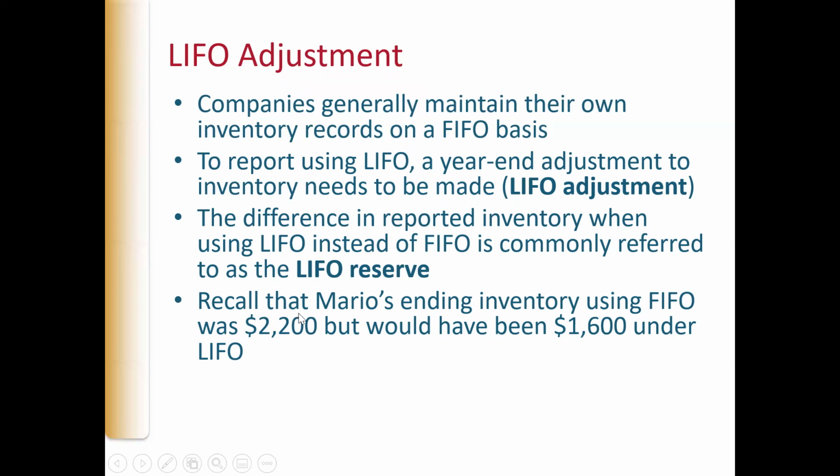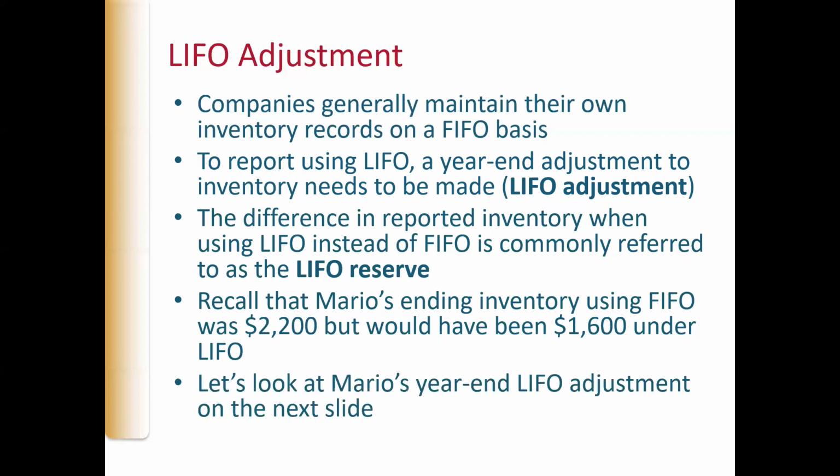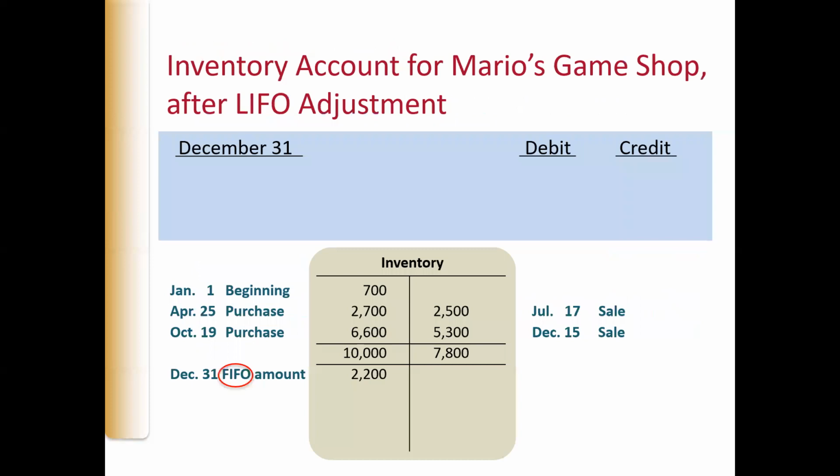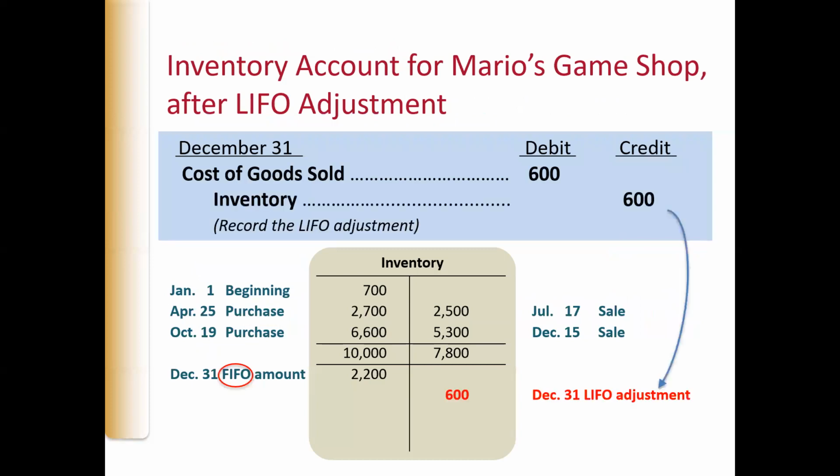But if they would have used LIFO, it would have been 1,600. So it would have been $600 less. So in order to show the LIFO adjustment, we would show a debit to cost of goods sold of 600, and we would credit our inventory for 600 to adjust to the LIFO method.